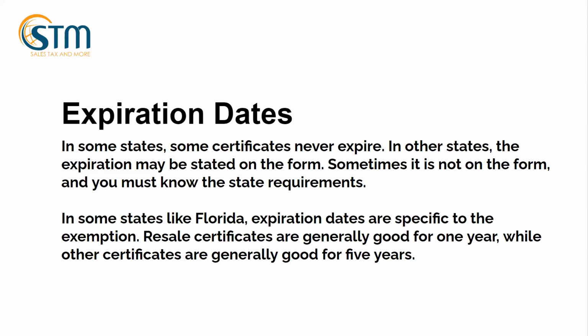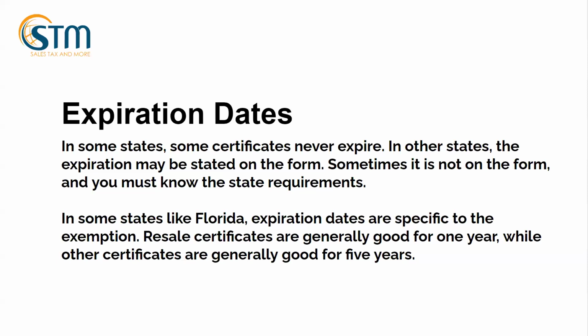This is an extreme example, but I looked at a certificate one time. They had it on file for 27 years, and there had to be 5 or 6 different reasons why that certificate would have been deemed invalid over the course of those 27 years. Anytime your sales tax number changes, the certificate becomes invalid.